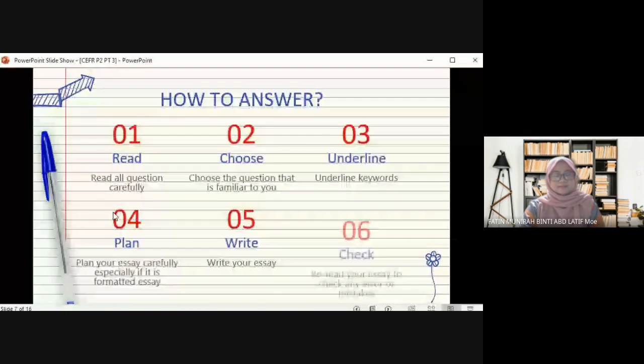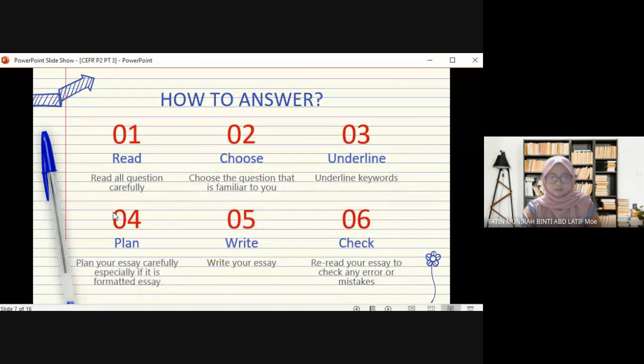And then awak tulis essay, after you plan your essay, you write your essay, and last one, you reread your essay to check any error or mistake. Baca balik, tengok balik kesalahan ejaan, kesalahan grammar. Tanda baca, tu pun kena betul.